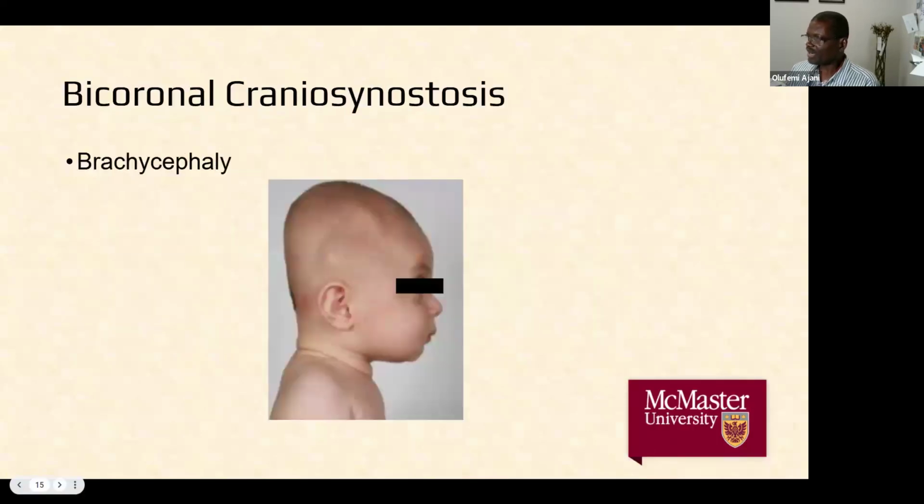Now, if you have bicoronal synostosis, both foreheads are recessed, and you don't have that unilateral differentiation. But the forehead is recessed, and also most of the time one can make the diagnosis clinically.